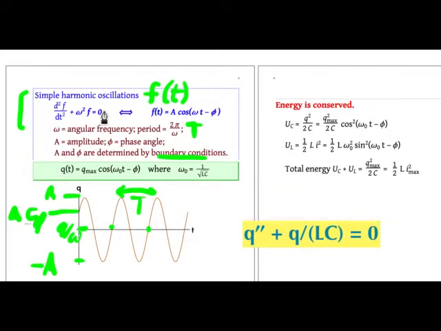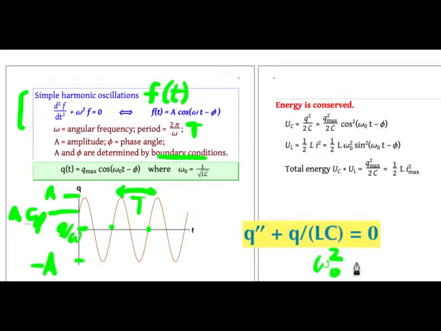So we can write Q of t as A, that's the same as Q max, cosine of omega 0 t minus phi, where what's omega 0? Well, this part is omega 0 squared. I'll call that omega 0 squared as opposed to just omega squared, because we'll have other problems where there'll be other frequencies.